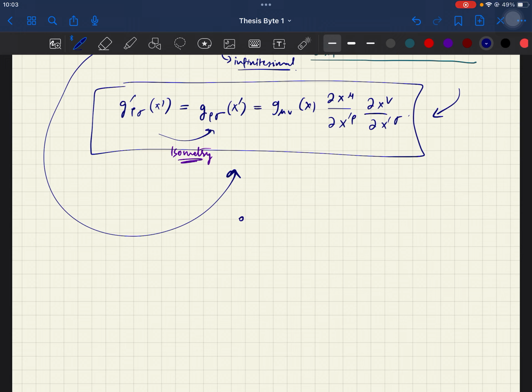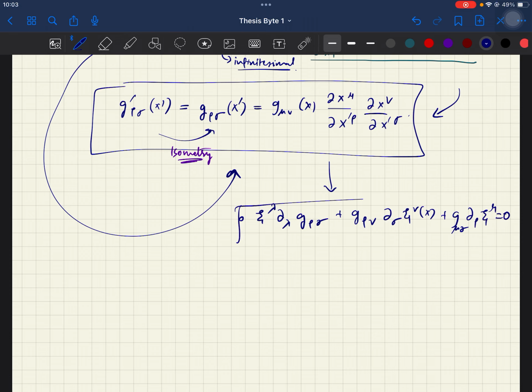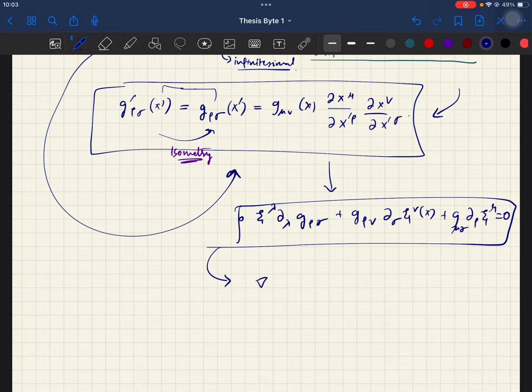It has two forms. The first form could be written simply as this. Again, remember, isometries are something that preserve the form of the metric. Just the form of the metric. What do I mean by form of the metric? It is this. And this could also be written in terms of the covariant derivative.